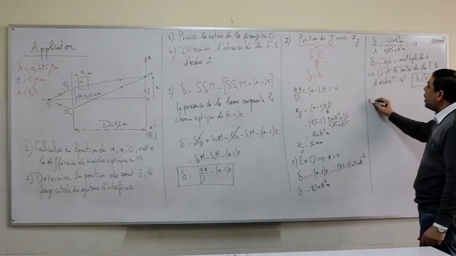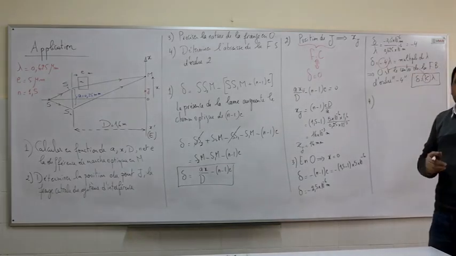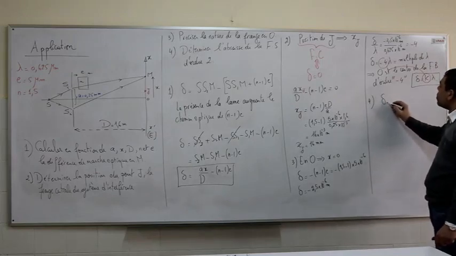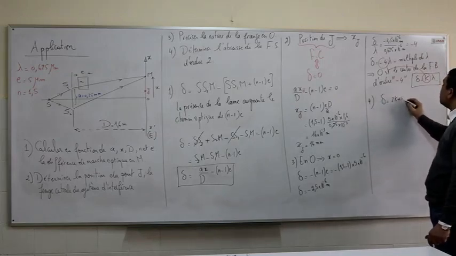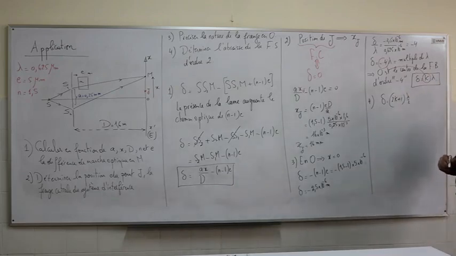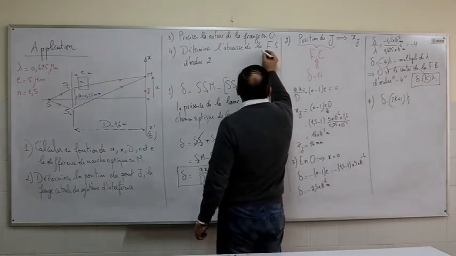And now for part 4. Determine the abscissa of the dark fringe of order 2. The dark fringe corresponds to an optical path difference delta equals (2k plus 1) lambda over 2. The dark fringe of order 2 means that k equals 2.